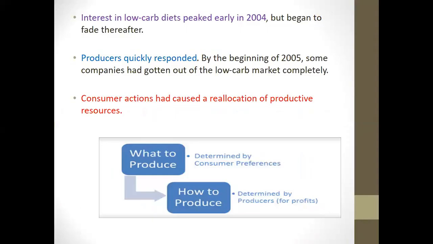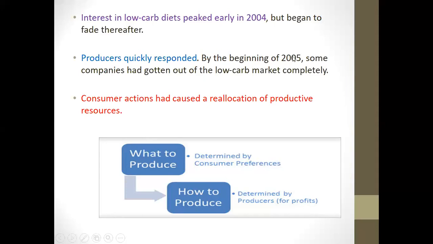Okay, now interest in low carb diets peaked early in 2004, but began to fade thereafter. Hasta ahí llegó la moda, ahí comenzó a decaer, ya la gente se aburrió, digo, no, vamos de vuelta a la comida con alto nivel calórico. Producers quickly responded, los productores ya respondieron.